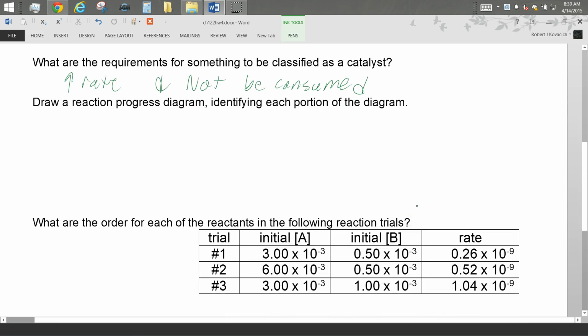A reaction progress diagram. So this axis is energy, and this axis is time. And here are my reactants.